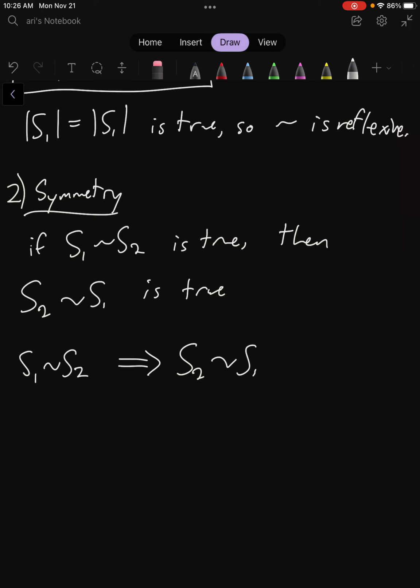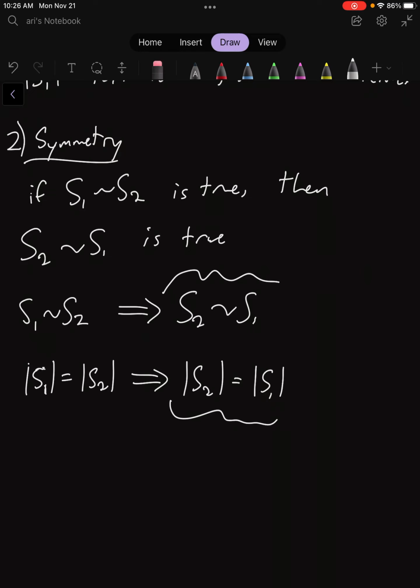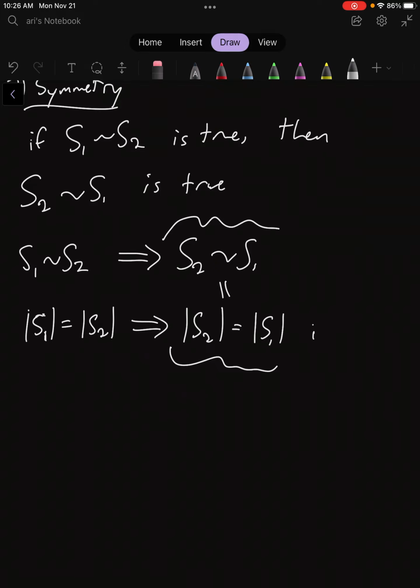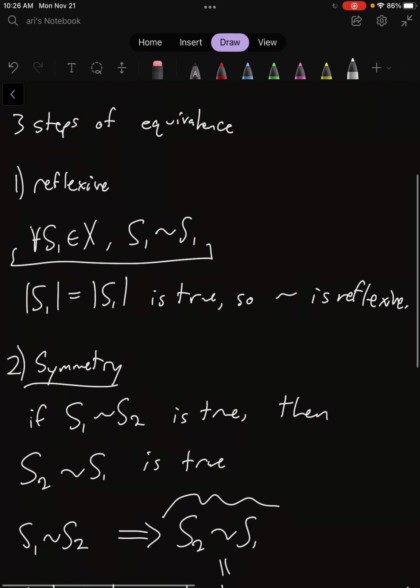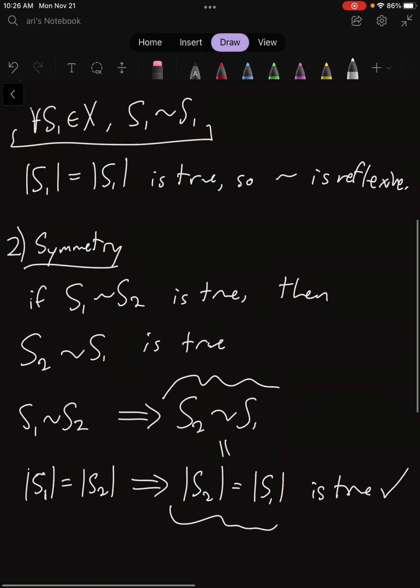So that's what we have to show for symmetry. And here we say, well, S1 tilde S2 means that the cardinality of S1 equals the cardinality of S2, which implies that the cardinality of S2 equals the cardinality of S1. And that's exactly what this is saying. So that's clearly true. Okay, so we have symmetry. We've shown that this tilde, meaning that the cardinalities are equal, is reflexive and it's symmetrical.